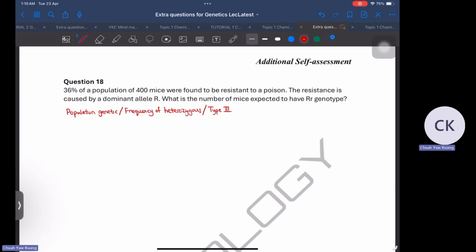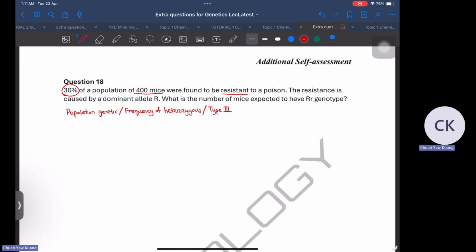All right, so now let's look at the question. Based on what the question gave, 36% of 400 mice were found to be resistant to a poison.